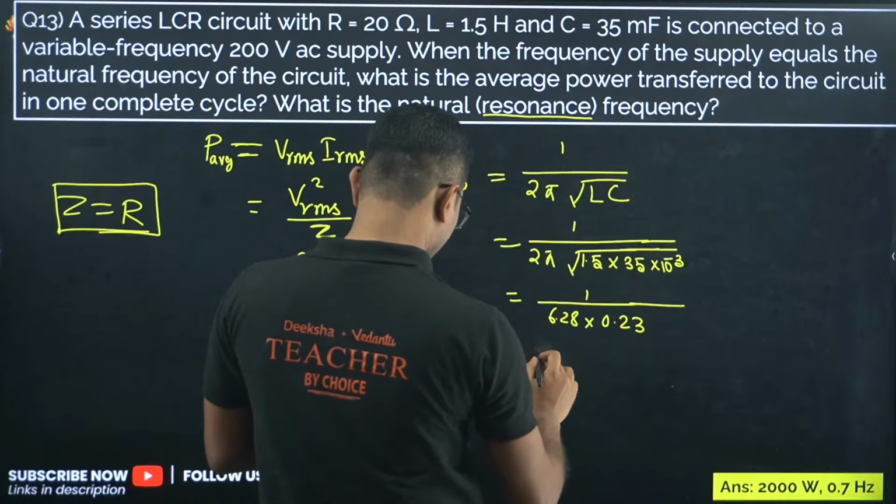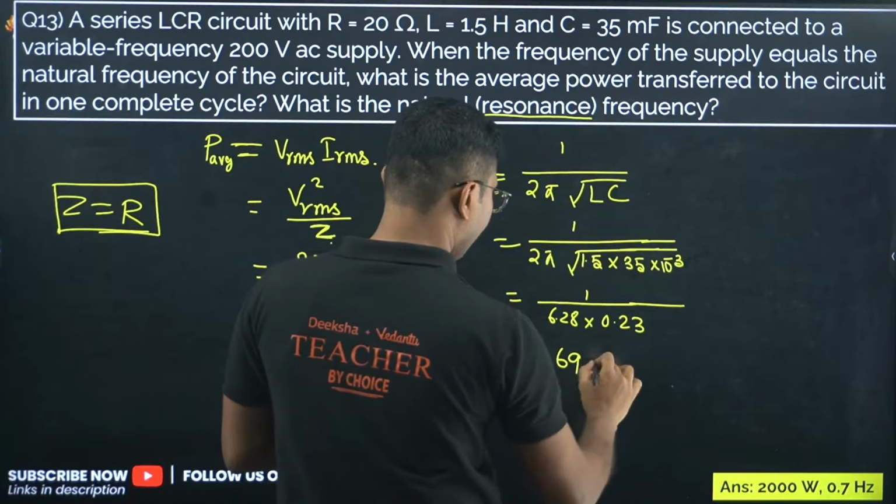So while calculating, it will be 0.69, approximately 0.7.